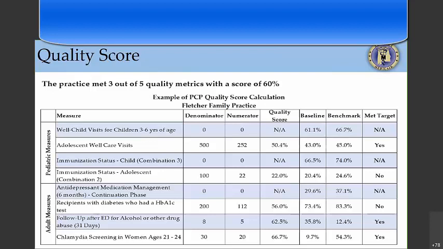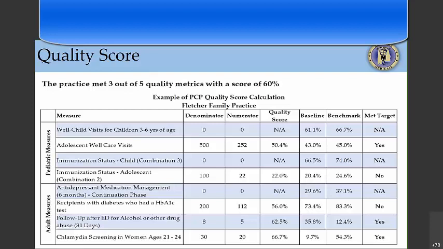50.4% of their attributed recipients were in the denominator. They did not meet the target in getting those adolescents immunized. 100 adolescents met the criteria for getting immunized, but only 22 were immunized with the vaccines listed in combination 2.